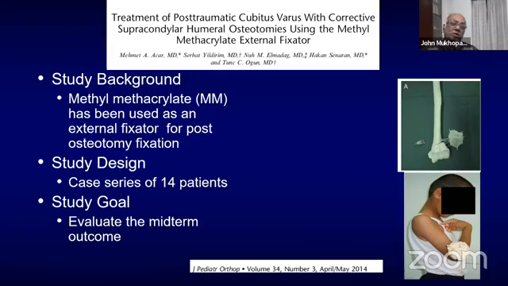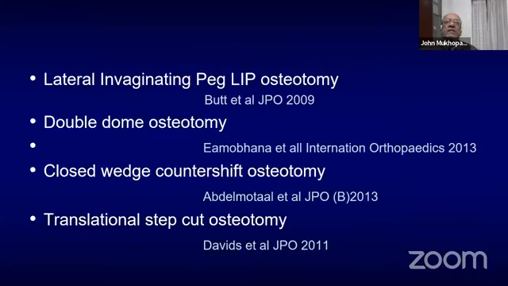So you put in your wires, do your osteotomy, do your correction, and just fix the wires with bone cement. As it sets, it will hold it adequately. And this paper shows that they were able to get good results using methyl methacrylate cement to fix these.